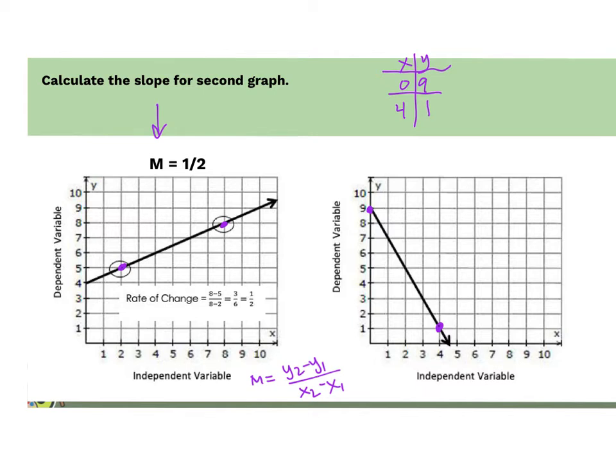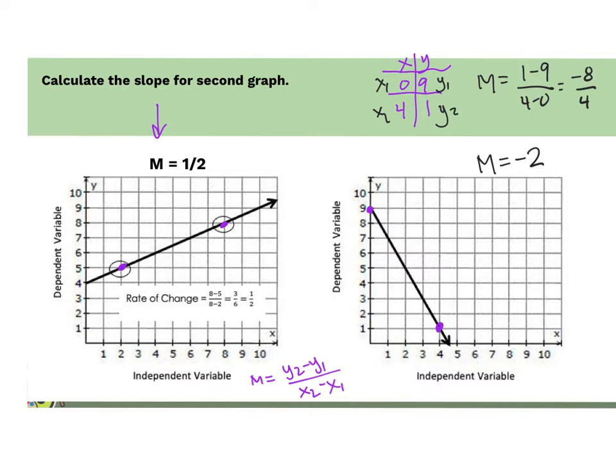So labeling my points, I get x1, y1, x2, y2. So this slope is 1 minus 9 over 4 minus 0, or negative 8 over 4, which gives me a slope of negative 2.